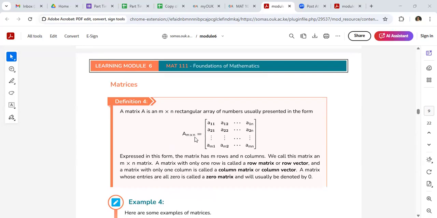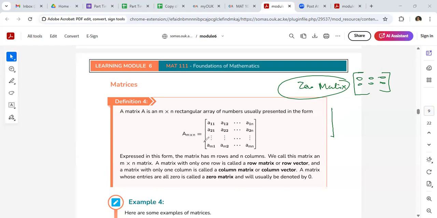And we have the following special matrices which will come later. The zero matrix. So this would be a matrix in which all the entries are zero. You have zeros everywhere.